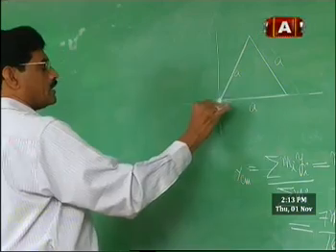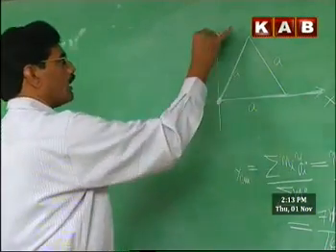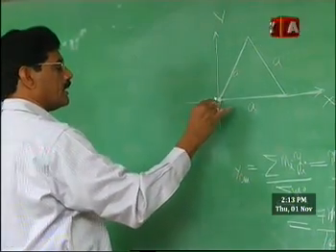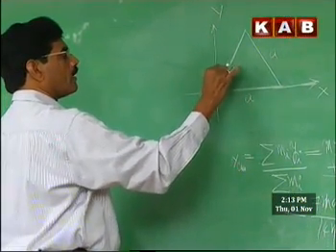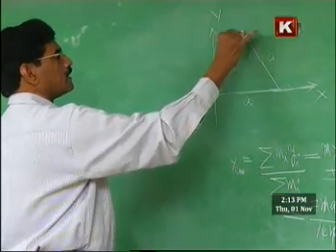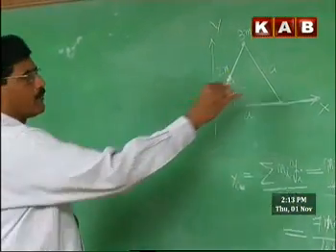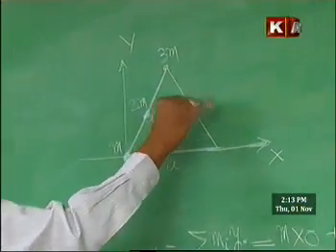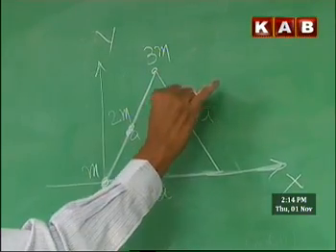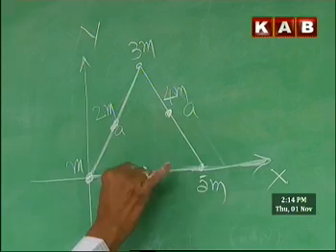Let the particles be located as shown, with x and y axes. Let this be m, 2m may be at the midpoint of this side, 3m at the topmost point of the triangle, and another point at the midpoint of this side be 4m, and this is 5m, and the midpoint of this be 6m.